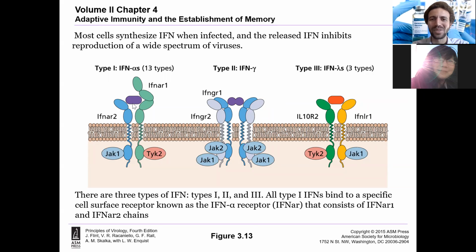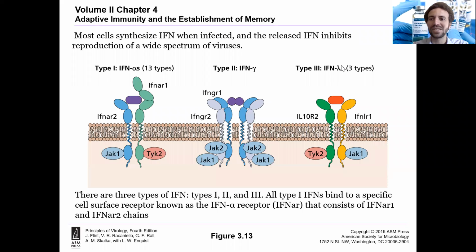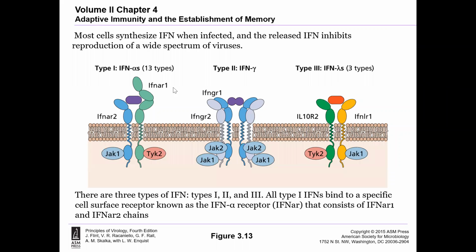Okay, so as you can see in this slide, we have 3 types of interferon cytokines. We have type 1, type 2, and type 3. Pretty straightforward. And they all bind to specific interferon receptors that are shown here in this schematic.